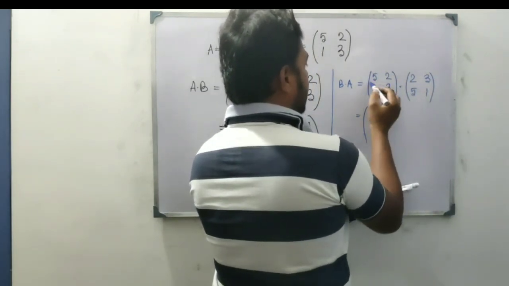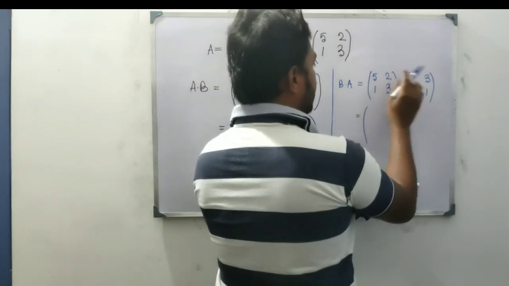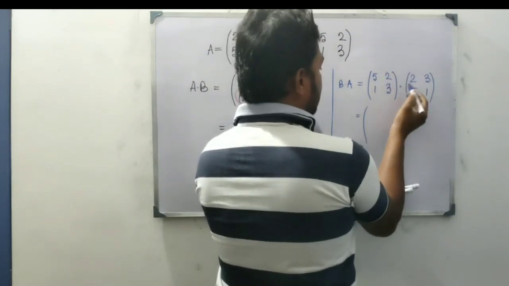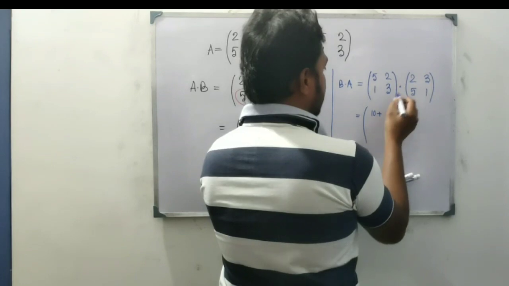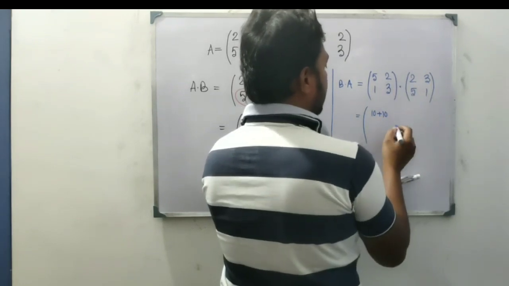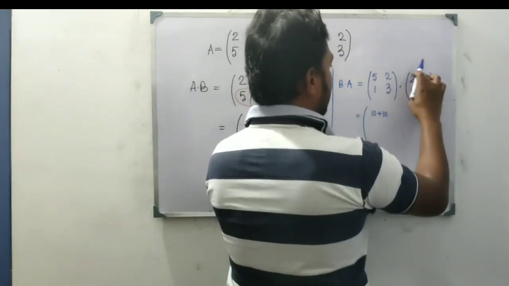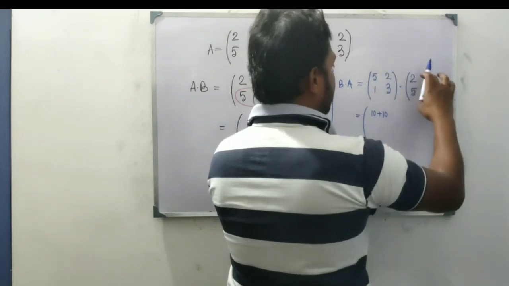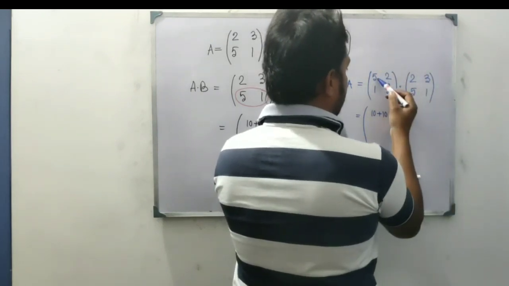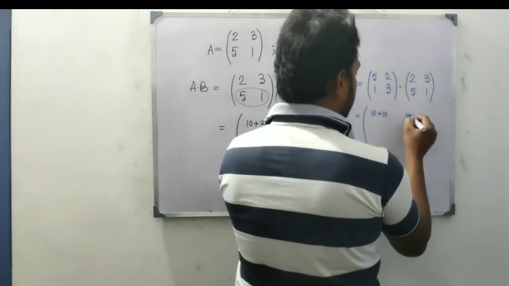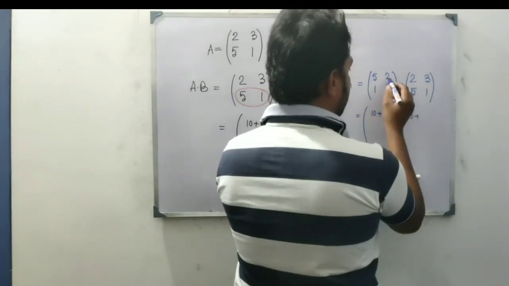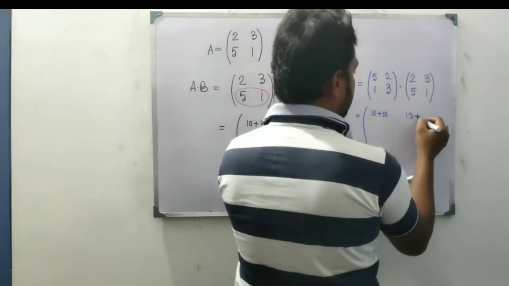Then first consider the first row and first column. Then 5 2s are 10 plus 2 5s are 10. Okay, so first row and first column done. Now first row with second column. Then 5 3s are 15 plus 2 1s are 2.